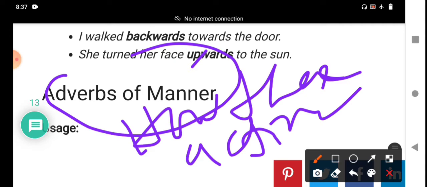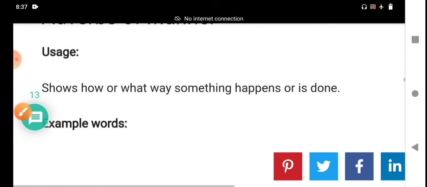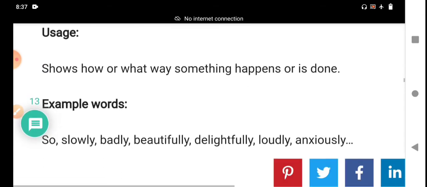Attractive, attractively. These are adjectives changed into adverbs by adding the suffix ly. It shows in what way something happens or is done. That is the adverb of manner.